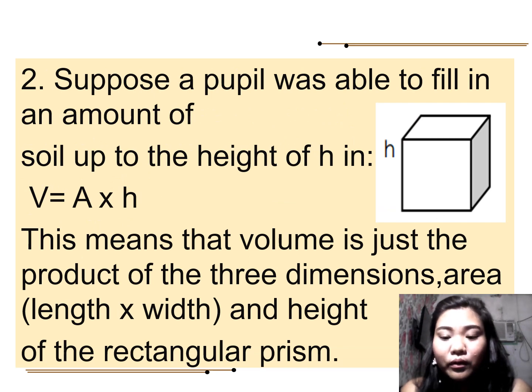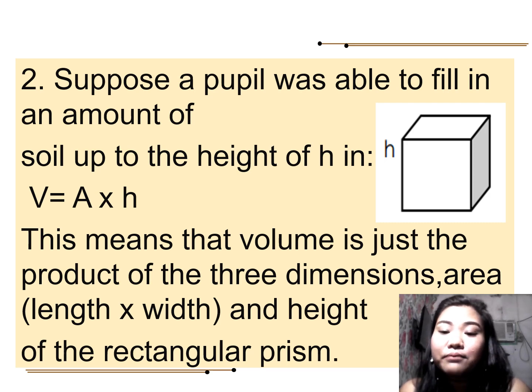Since we found the area of this pot, let's talk about how to find the volume of this rectangular prism. Suppose a pupil was able to fill the soil up to a certain height in inches. Therefore, the volume of this rectangular prism is equal to area multiplied by height.